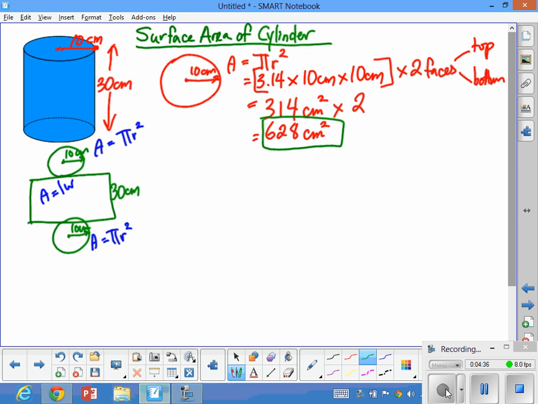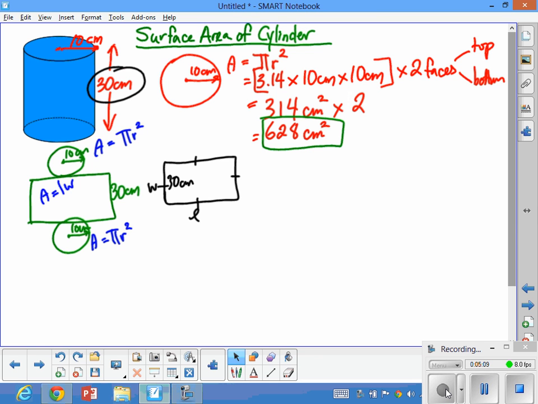Okay, at this point, we're going to look at the label, which forms the curved surface of the cylinder, and that label happens to be a rectangle. Here is our length, and here is our width. This 30 centimeters in height corresponds to the actual width, so that's 30 centimeters. Our length, on the other hand, actually corresponds to the circumference of this circle.